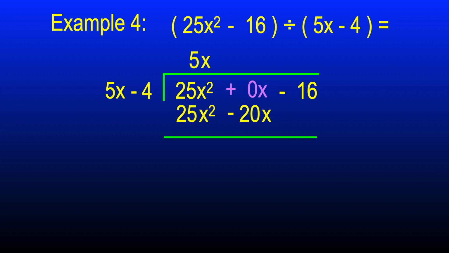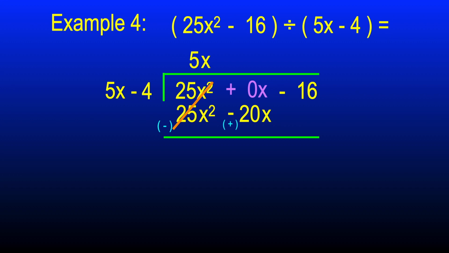Ulit-ulit lang yung process. Subtract, change the sign of the subtrahend to opposite. Yung positive magiging negative, yung negative magiging positive. And then, ayan na, 0 na yan. 25x squared minus 25x squared is 0.